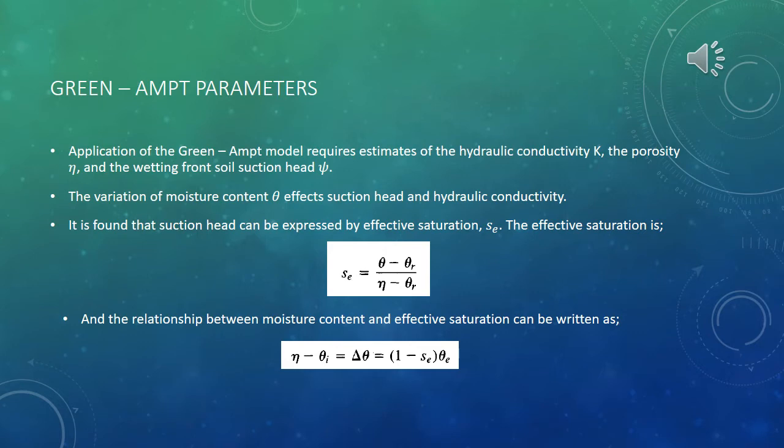The relationship between moisture content and effective saturation can be written as: delta theta, which is porosity minus initial moisture content, is equal to 1 minus Se, effective saturation, multiplied by effective porosity.